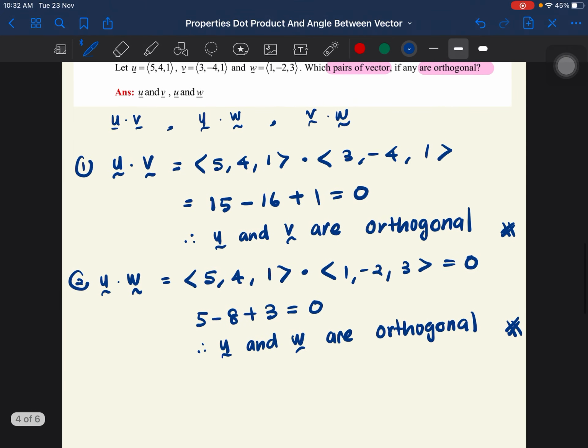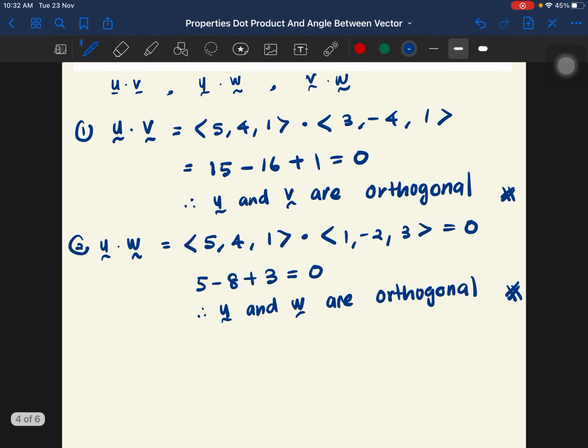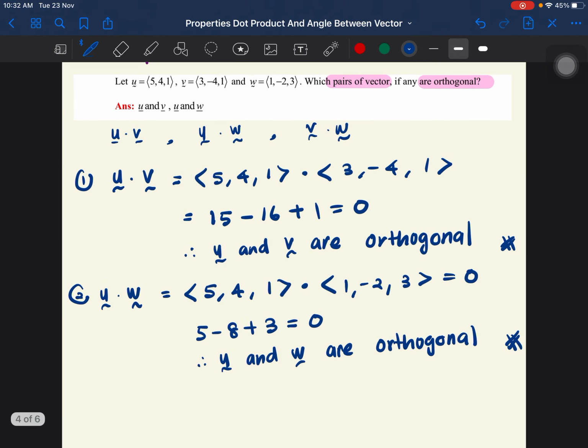Okay, and the last pair we have v and w. So we will test for v dot w, which is equal to (3, -4, 1) dot (1, -2, 3).